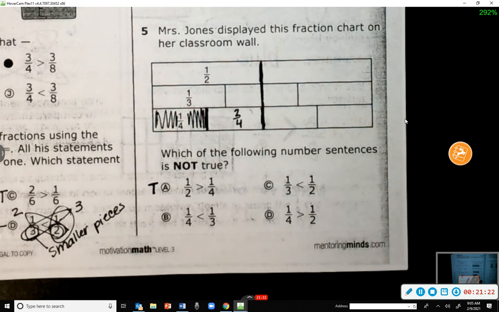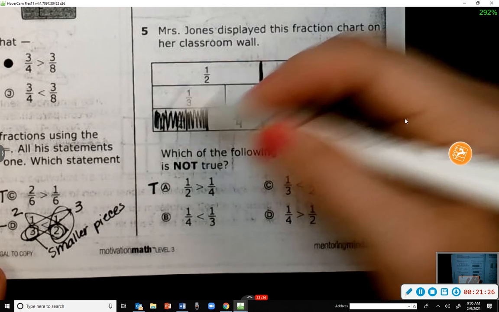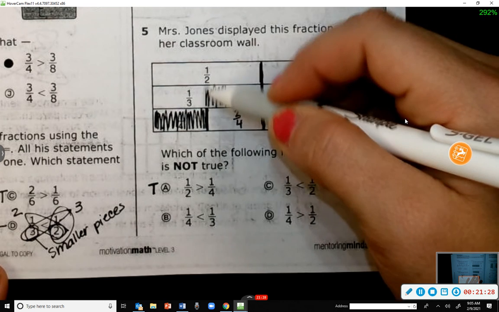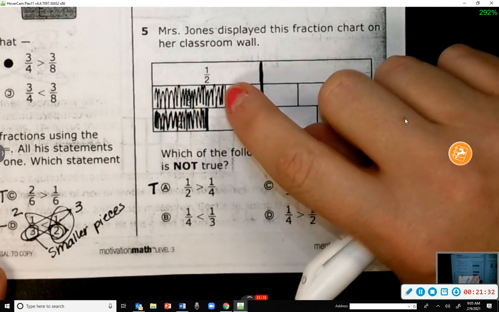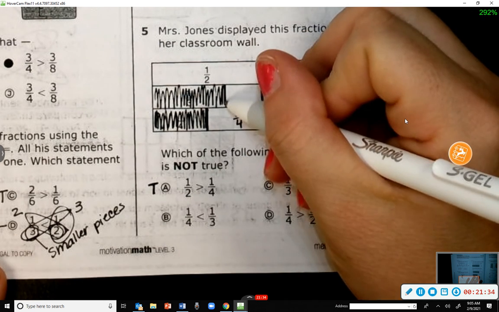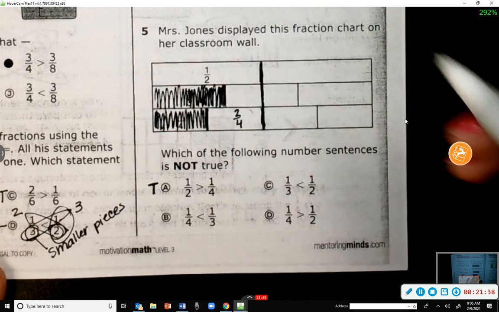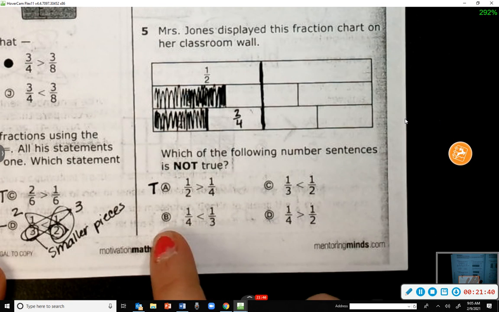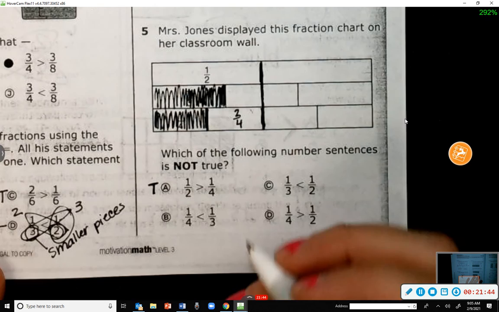Okay, let's see. Here's 1/4. Here's 1/3. If I shade those in, which one looks bigger? 1/3, right? Because it stops here. So 1/3 is greater. So this one should be labeled T or NT? T.